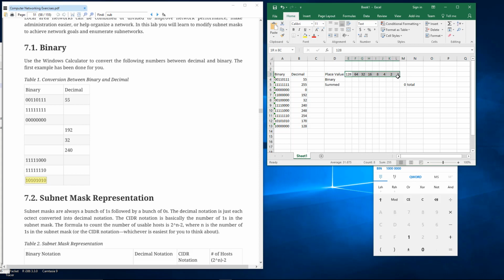Think of this as one of the decimal numbers in our IP address or subnet mask. I have a place here for the binary representation of a decimal number, and below that, I'm going to put the values that are going to be added. So here in binary, we have this number 0, 0, 1, 1, 0, 1, 1, 1.